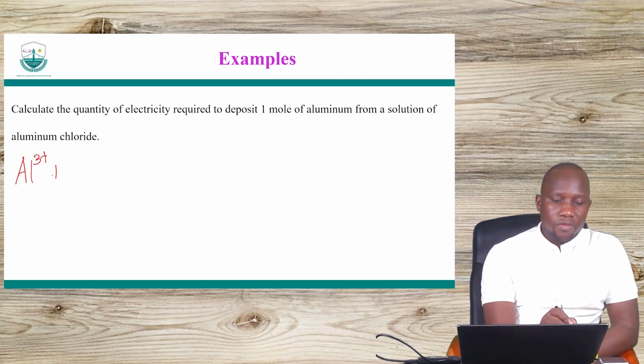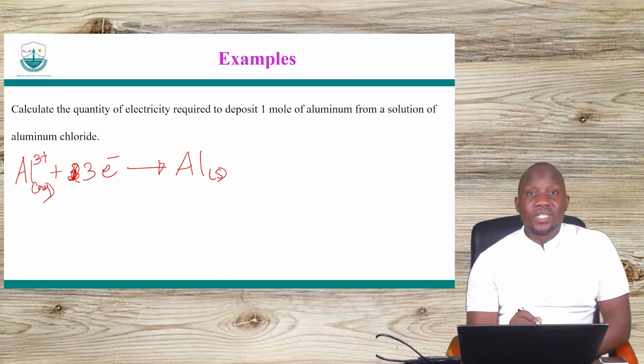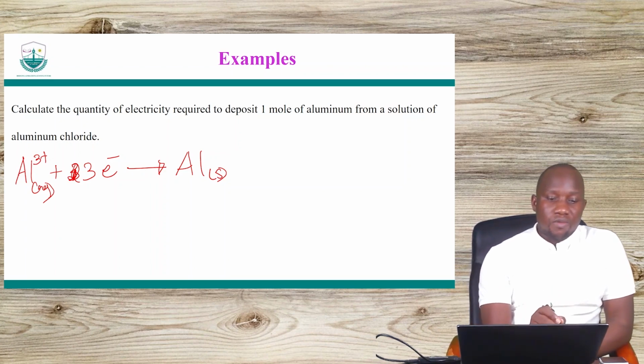For it to get deposited, it is reduced by gaining 3 electrons, so that you form the solid. That means you need 3 moles of electrons to deposit 1 mole of aluminium.